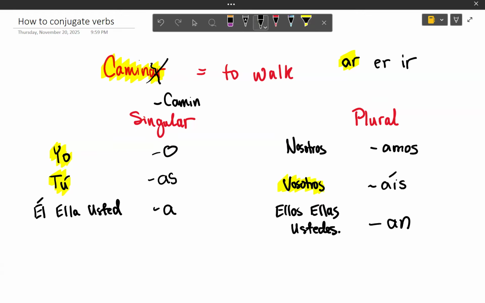So sometimes with these forms down here, I'm going to highlight those. It'll say él, ella, or usted, but sometimes it might say la estudiante. And over here it might say las estudiantes.